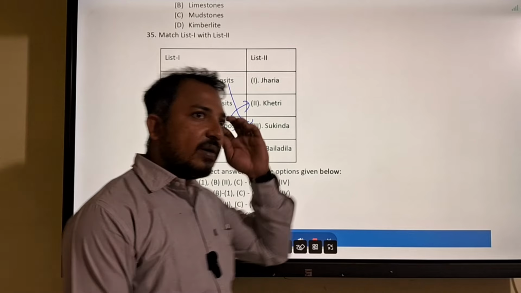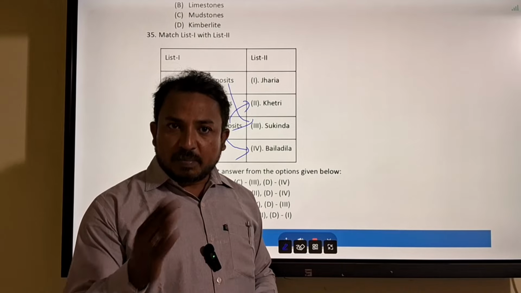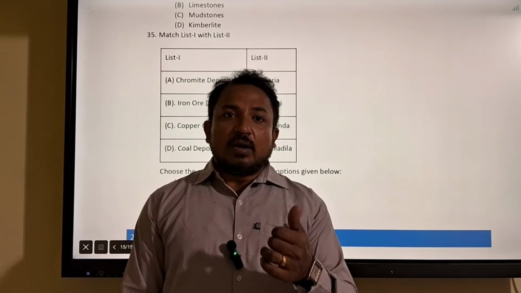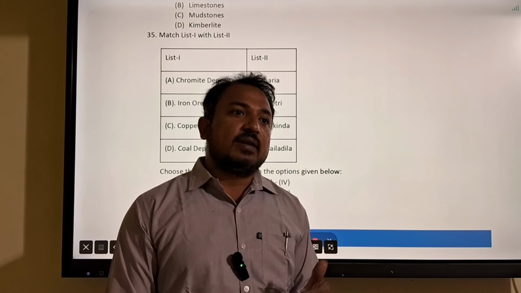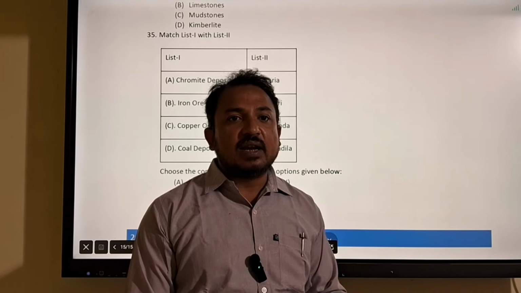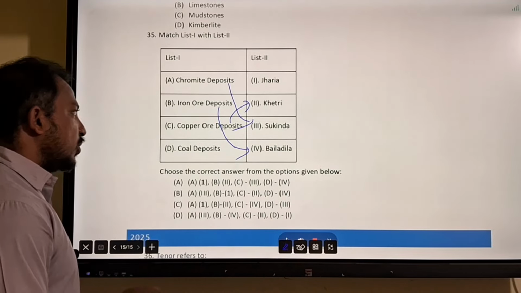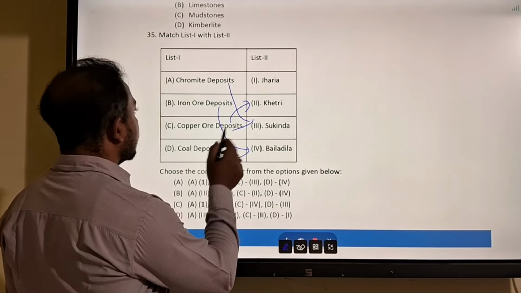In Singhbhum, Odisha, you get copper in the Singhbhum copper belt. Then copper you will get in Khetri. Copper you will get in Malanjkhand, that is a porphyry copper deposit. Then in southern India, the Ingaldhal copper deposit in the Karnataka region. You will also get copper in Agnigundala in the Kadapa basin.